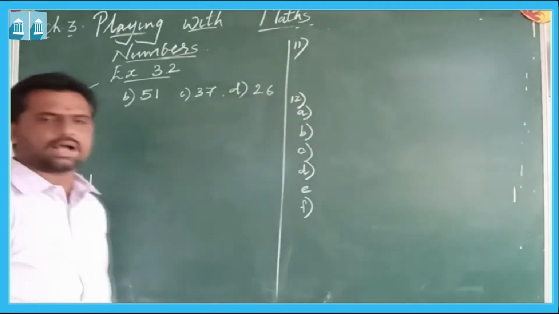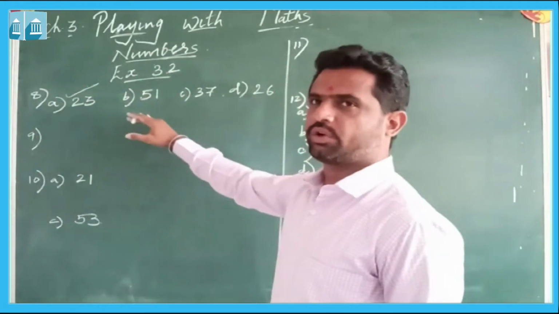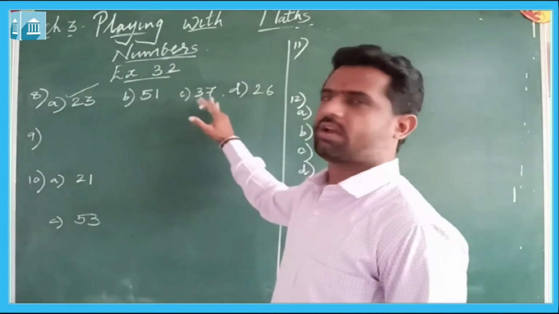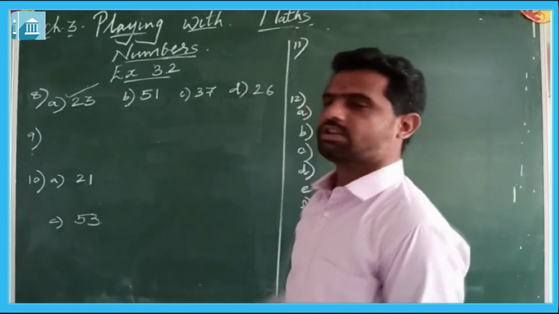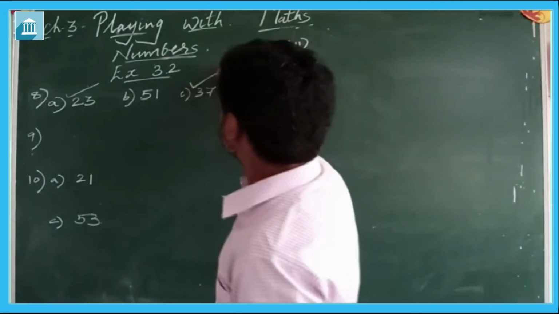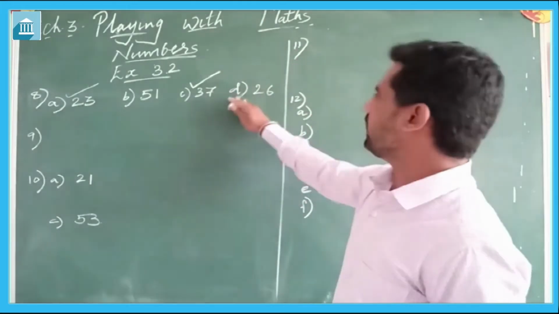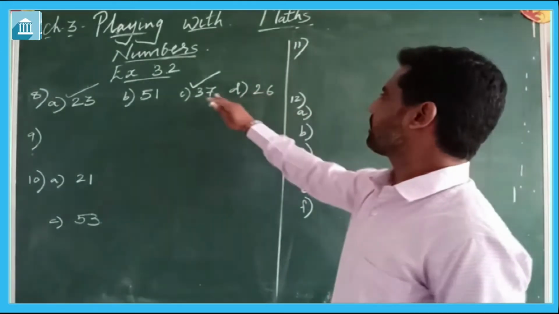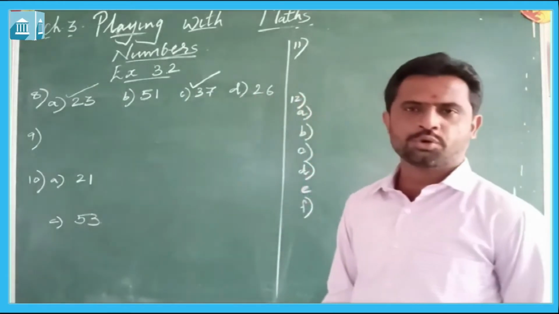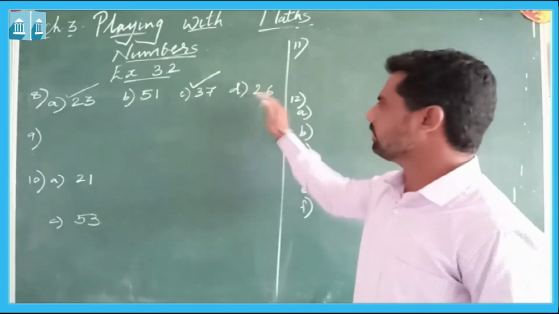The factors of 51 are 1, 3, 17 and 51. So, it is not a prime number. C is 37. Again 37 has only two factors, 1 and 37. So 37 is also a prime number. D is 26. 26 has again four factors, 1, 2, 13 and 26. So it is not a prime number.